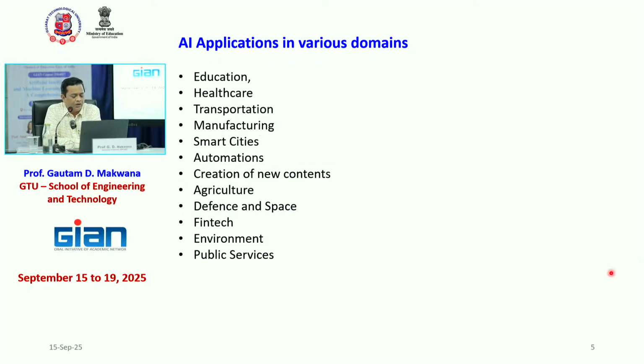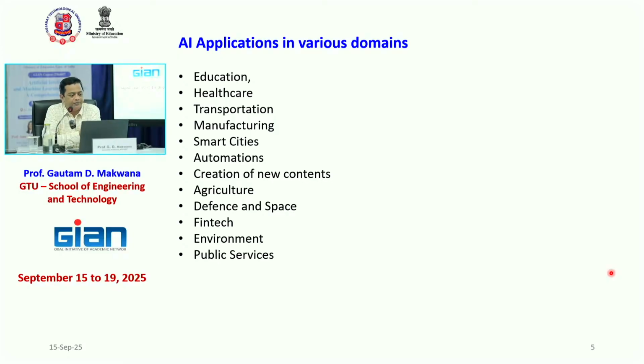As I told you, every domain and every sector now requires AI penetration. There are many use cases, and many well-developed algorithms used in all of these various domains: education, healthcare, transportation, manufacturing, smart cities, automation, creation of new content, agriculture, defense, space, fintech, and environmental and public service.